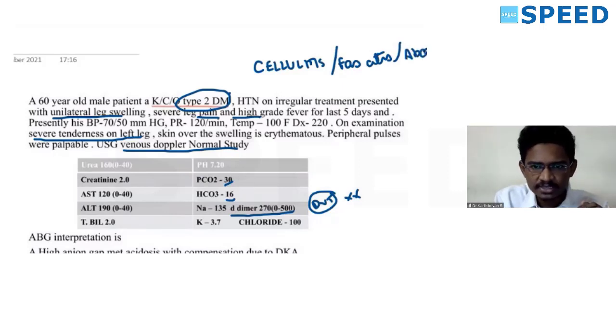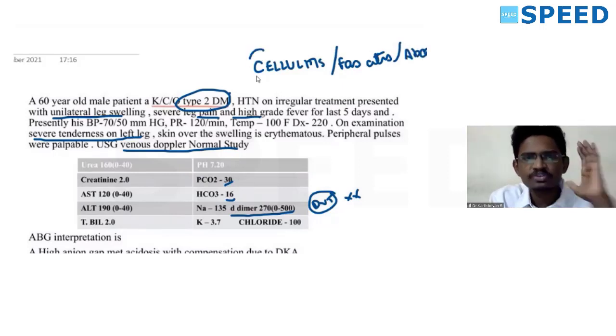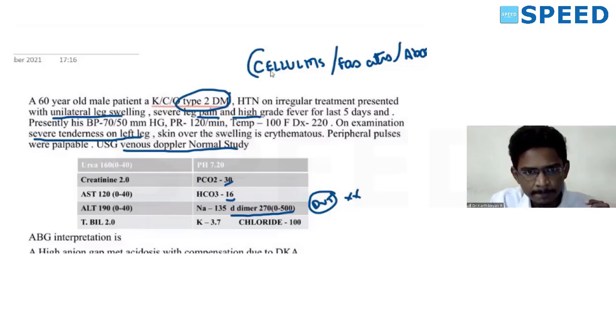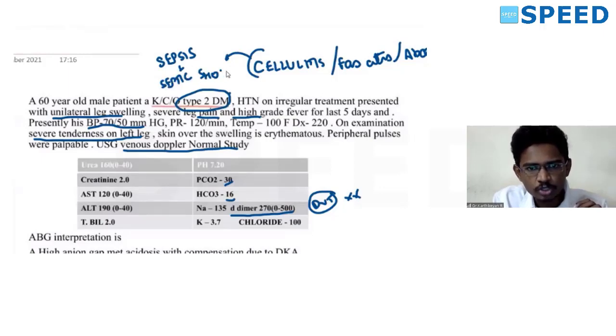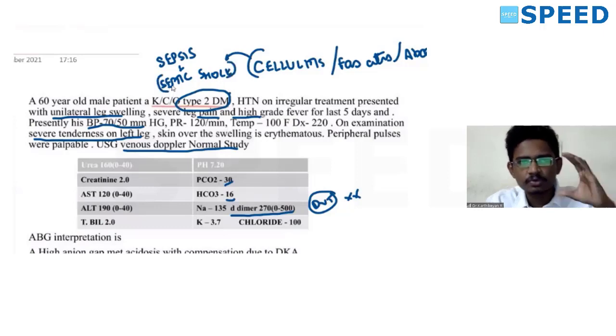The basic thing is some sort of infection is going on in this patient and his BP has drastically reduced, meaning that the patient is developing sepsis and he is in septic shock. Due to a lot of endotoxins released into your blood, it will cause widespread vasodilation, and that is the starting point of septic shock.